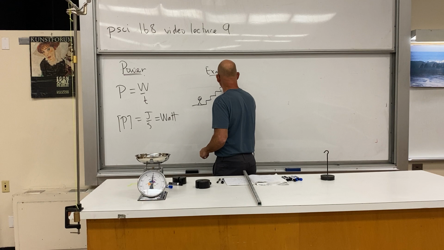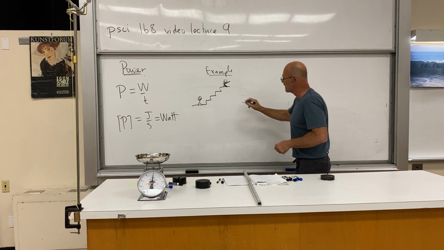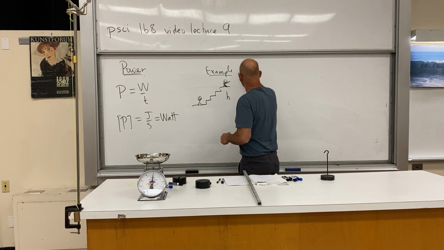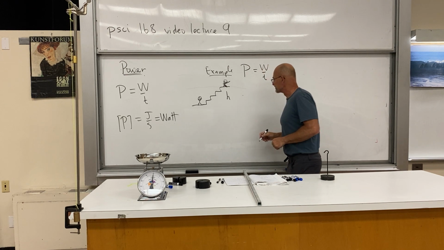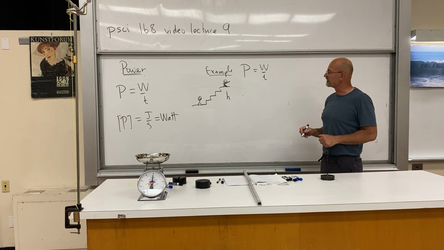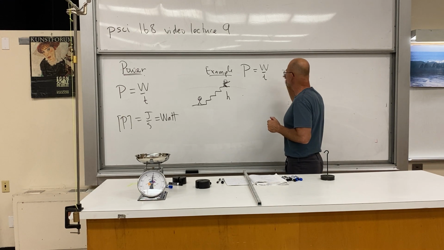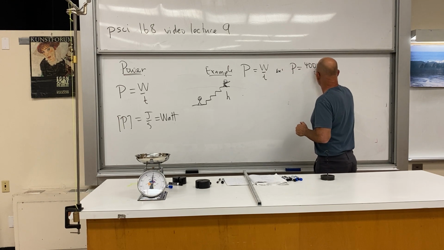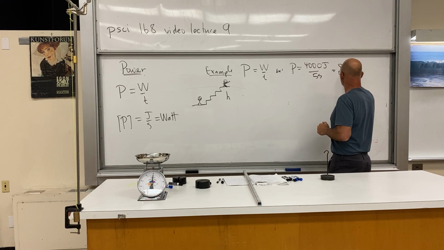and we decided that the stair climb was 4,000 joules. Okay. So the power is the work over the time. And suppose I can run up the 5-meter stairs in 5 seconds, which in fact we can do. Okay. Work over time. Example, 4,000 joules, 5 seconds equals 800 watts.